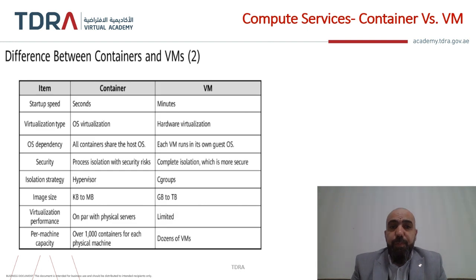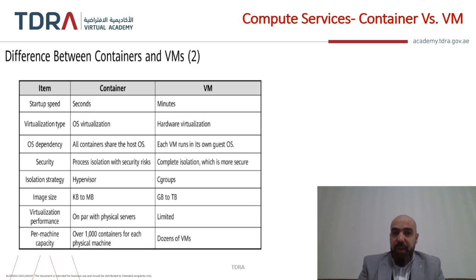Here is a quick comparison between containers and VMs. The container's speed of processing is seconds, while the VM takes minutes to boot up and work. The virtualization type for containers is operating system virtualization, while for VMs we are doing the virtualization at the hardware level. On operating system dependencies, all containers share the host operating system, but in the VM, each VM runs its own guest operating system.